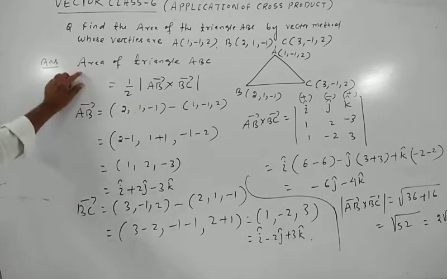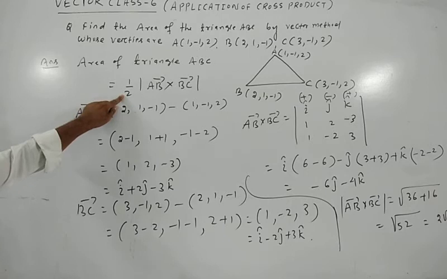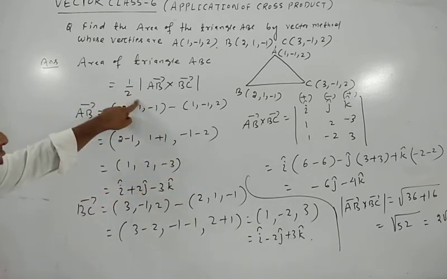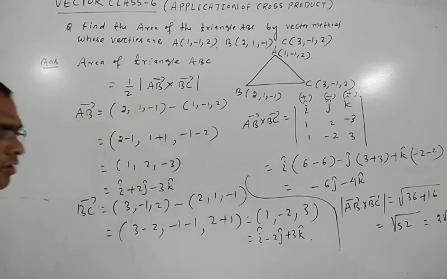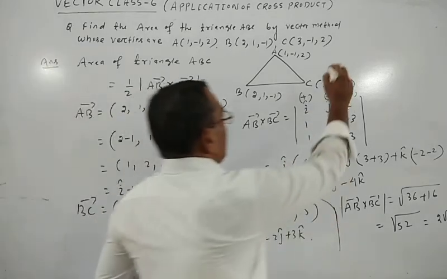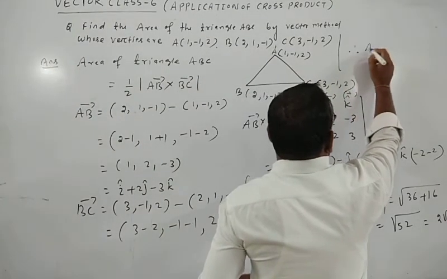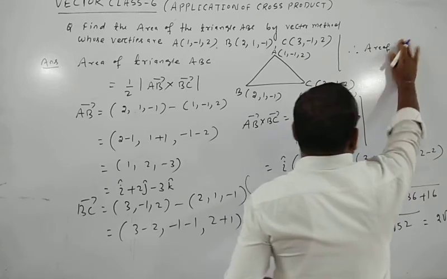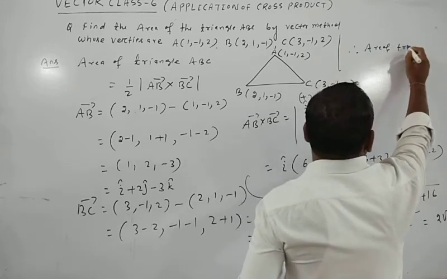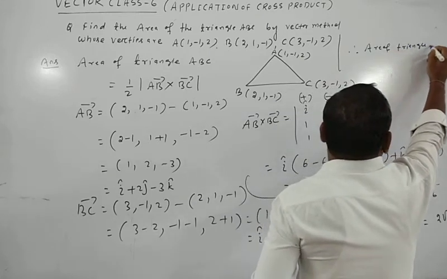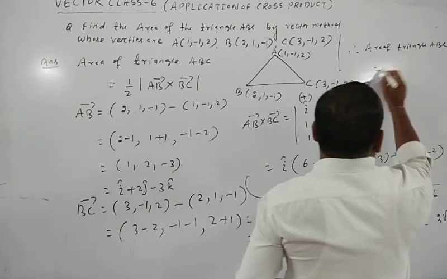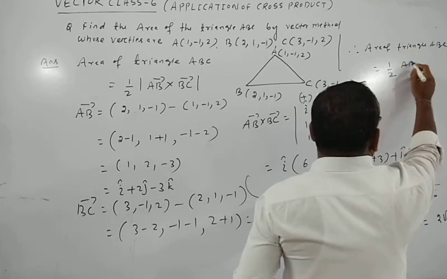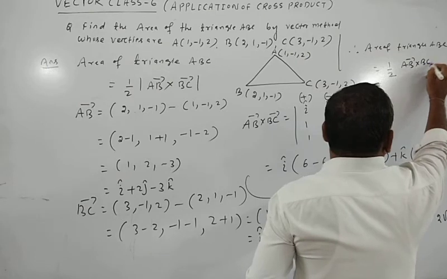So what will be the area? Therefore, the area of triangle ABC is equal to half into the magnitude of AB vector cross BC vector.